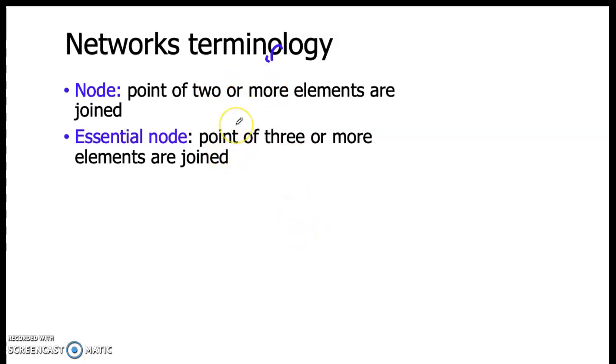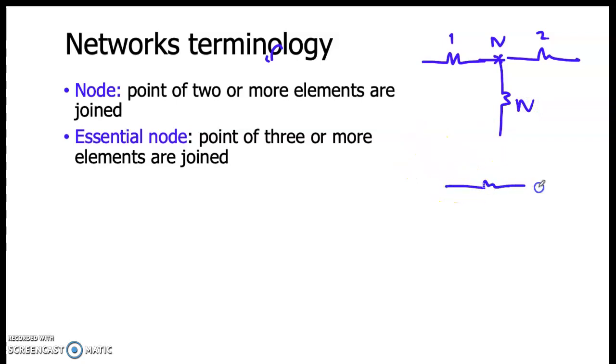Now let's go to the network terminology. Okay. So node, what is node? Node is when you have two branches and the interconnection between the first and the second branch we call a node. So let's say we have another branch here. So let's compare these two.